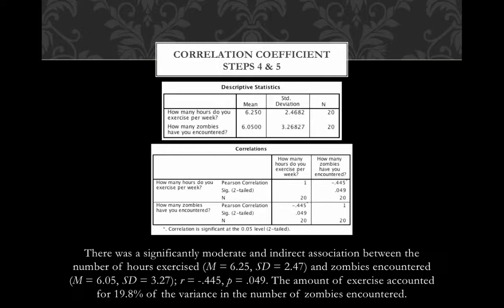We're also listing the mean and standard deviations for both of the variables. We're also listing a correlation coefficient, a test statistic, r. We also have our p-value, and we're also going to list our degrees of freedom, which we'll learn about when we learn about correlation coefficients some more. And since we found a significant relationship between these two variables, we go ahead and calculate and report our coefficient of determination.